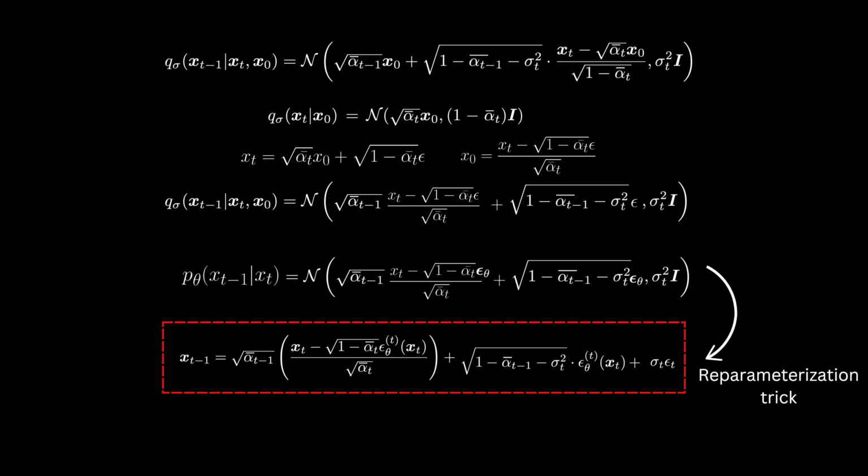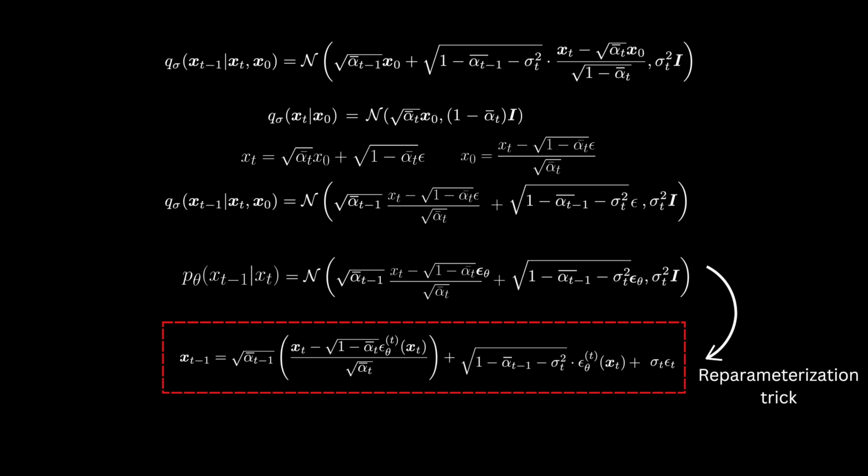So for DDIM sampling, we can use this update step. And similar to DDPM, we start with xt, a sample from a normal distribution, feed xt to our model to get the noise prediction, and then get a sample for xt-1 using the reparameterization trick. And then similarly for xt-2, xt-3, all the way till x0.